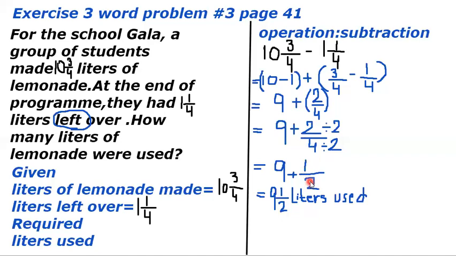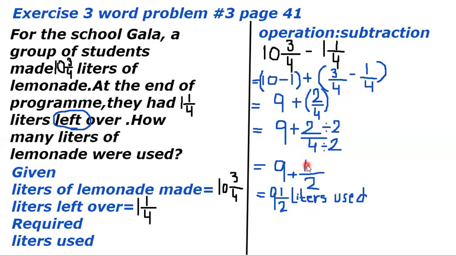If you divide 1 liter into 2 parts, out of 2 parts, 1 part is used. The liters of lemonade used is out of 2, 1 part.